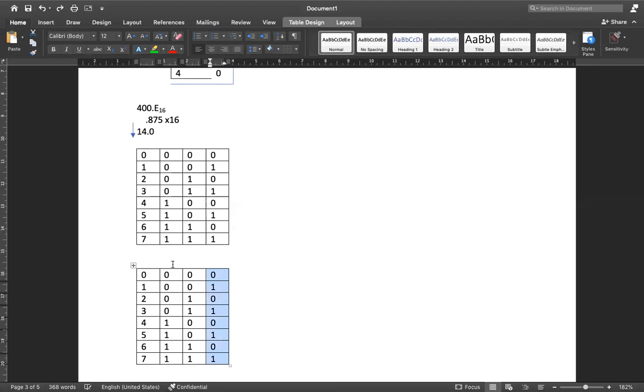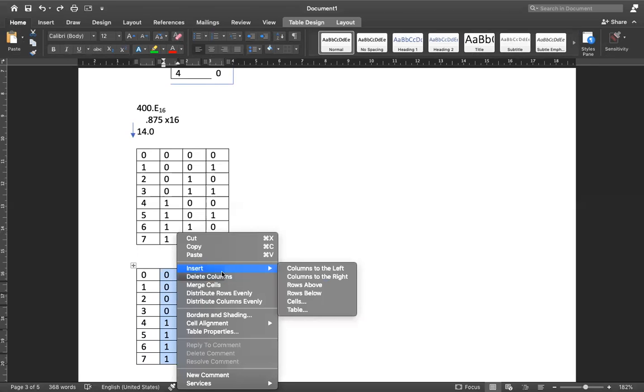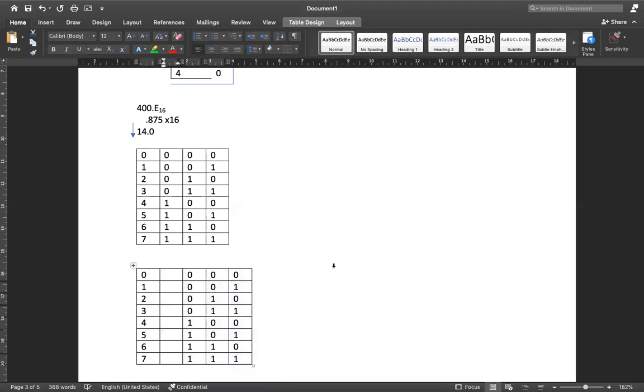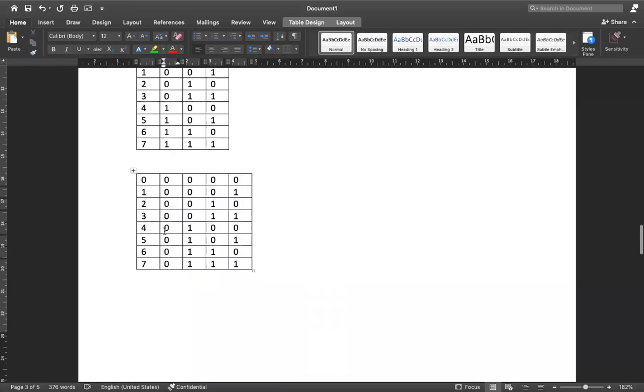I'm going to add one to the left. In numbers you can add beginning zeros, no? That will not change the value. Beginning zeros for integers do not change the value.